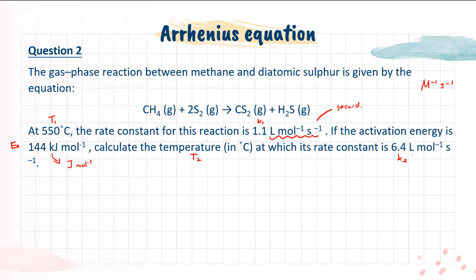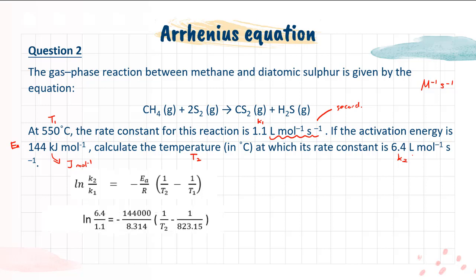Applying your formula, ln K2 over K1 equals negative Ea over R, times 1 over T2 minus 1 over T1. So do your substitution: we have K2, K1, and Ea. For this Ea, be aware, 144 times 1,000. Then substitute R as 8.314.